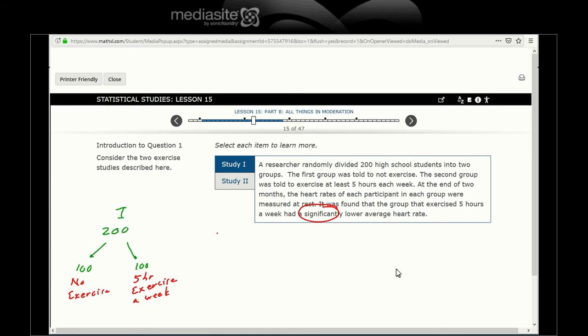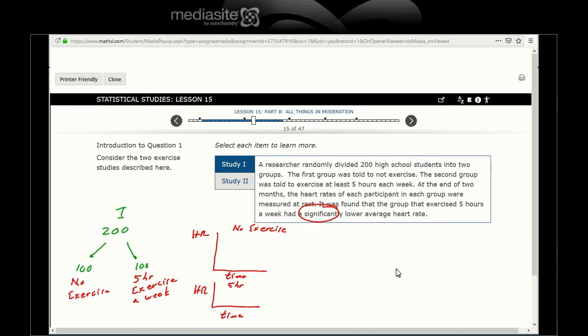So let's see, we had time and heart rate, and this was no exercise. This was 5 hours of exercise.